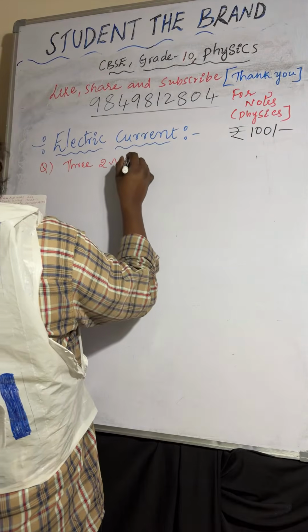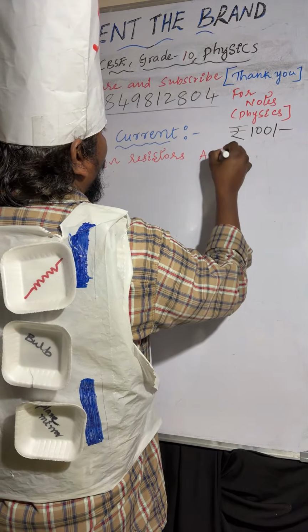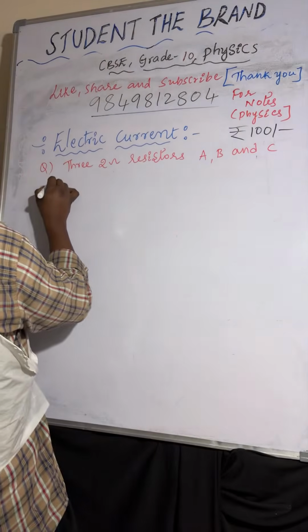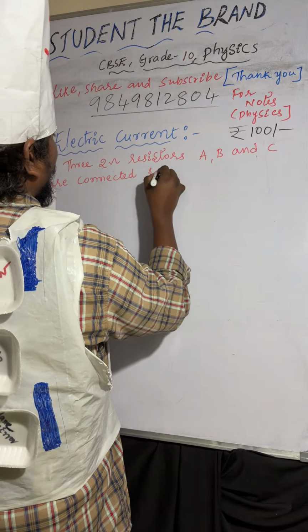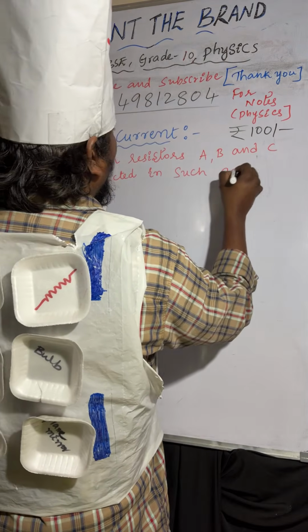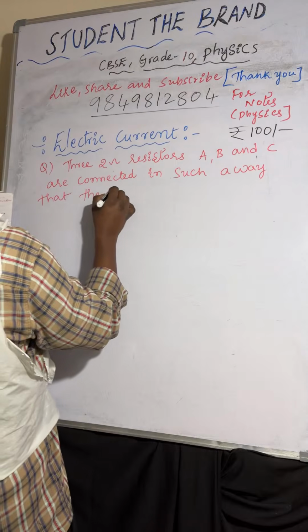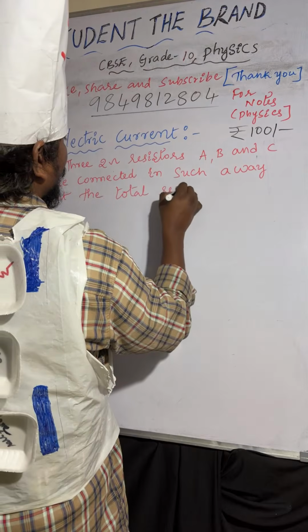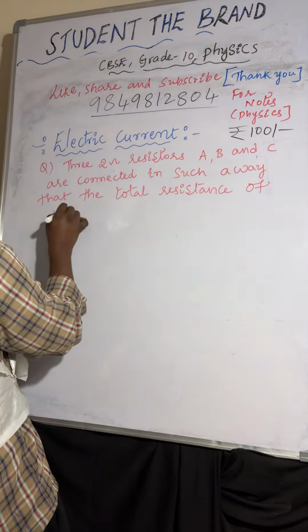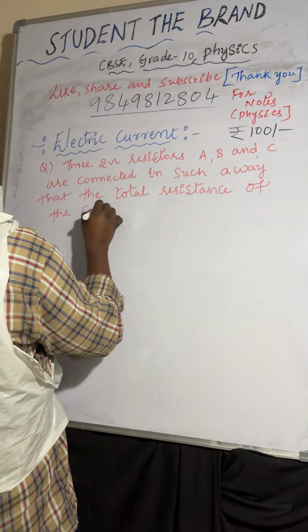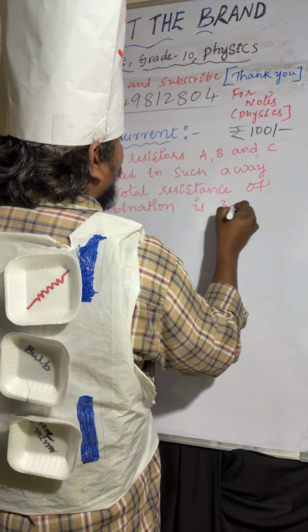Three 2-ohm resistors A, B and C are connected in such a way that the total resistance of the combination is 3 ohm.